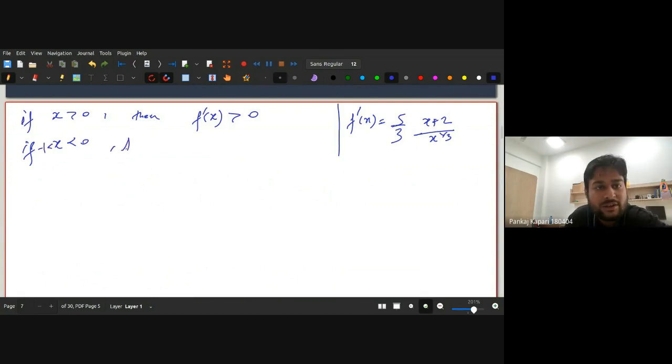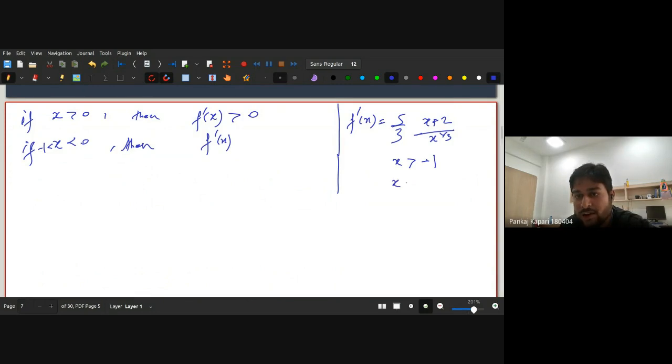Then what will happen to f prime x? If x is negative, then the denominator becomes negative, but the numerator will still be positive. Why? Because we are assuming that x is negative but greater than -1. If you add 2 to both sides, this happens if and only if x plus 2 is greater than 1, and 1 is positive.